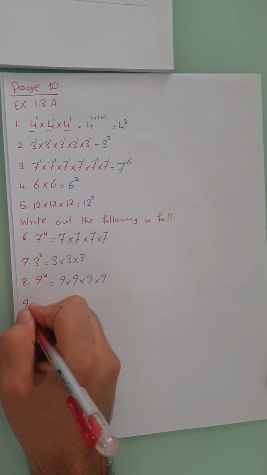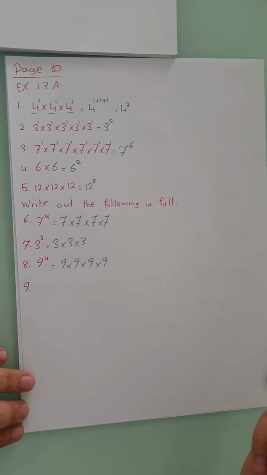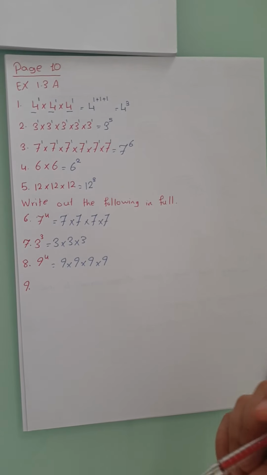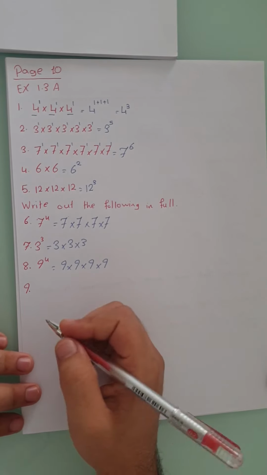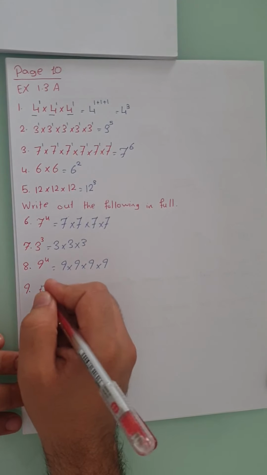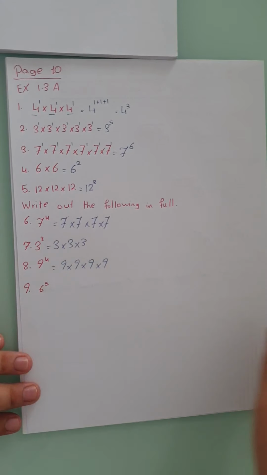Question number 9. I need you to follow me how I'm answering this question, because usually you know the answers, but the steps you take to answer the question, you sometimes ignore. Sometimes you just try to solve the question in your brain. If you follow me and see how I'm solving the questions, you'll be able to answer all the questions very quickly. So question 9 says 6 to the power of 5.